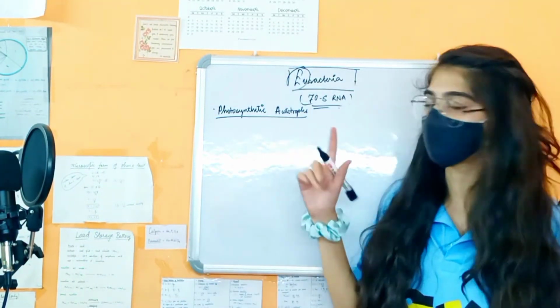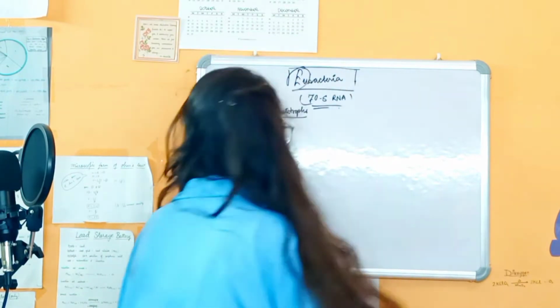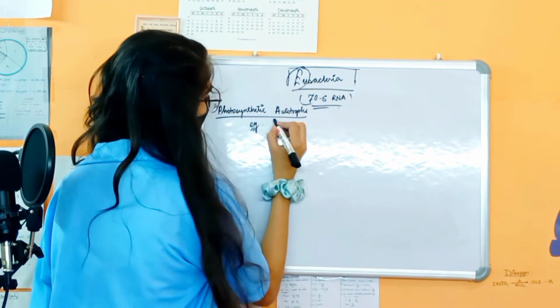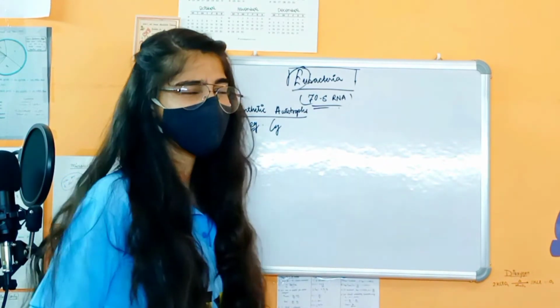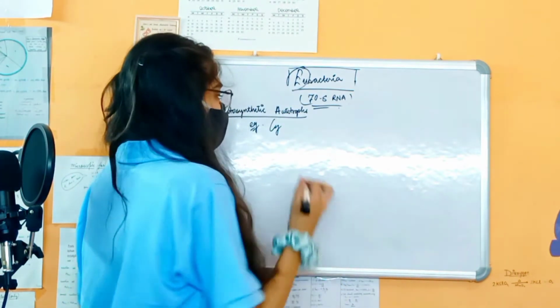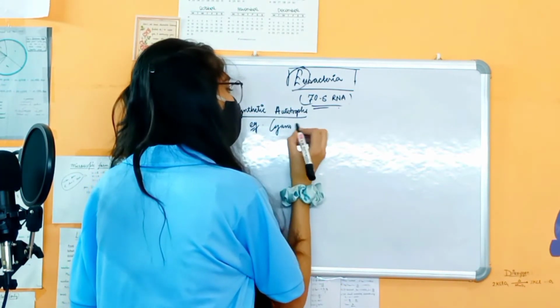Okay, so we're going to study photosynthetic autotrophs first. The example is cyanobacteria. Ma'am, why the example first and not the explanation? Because we're going to study on the basis of cyanobacteria.